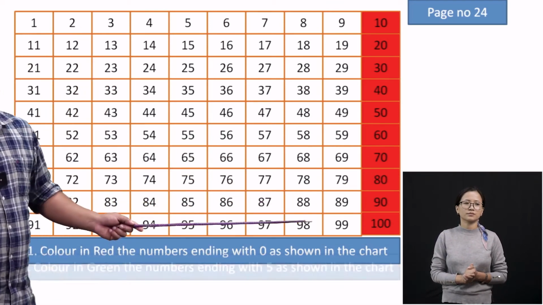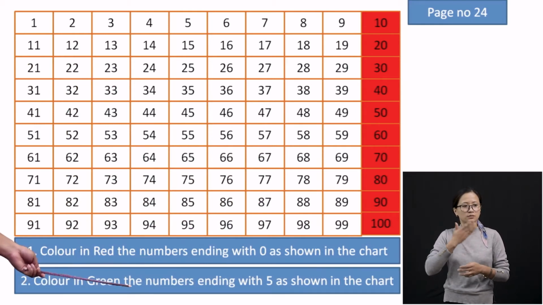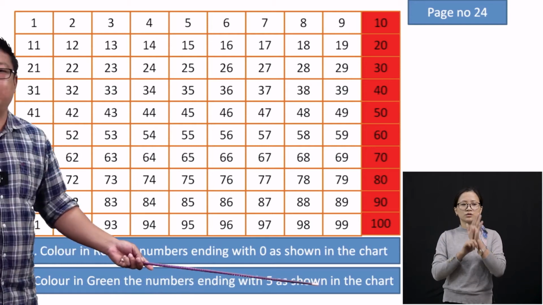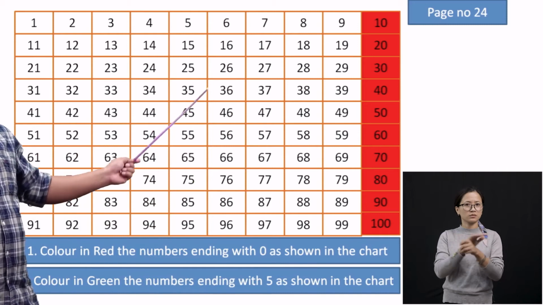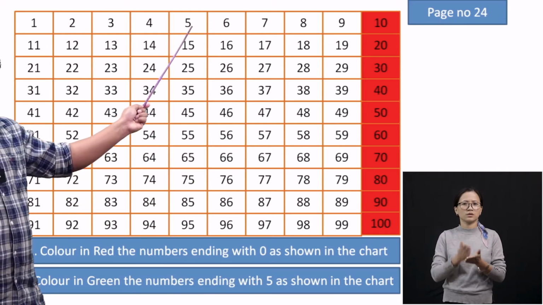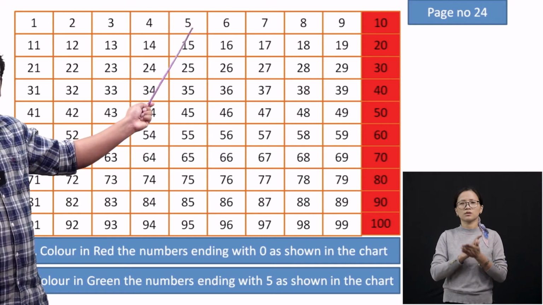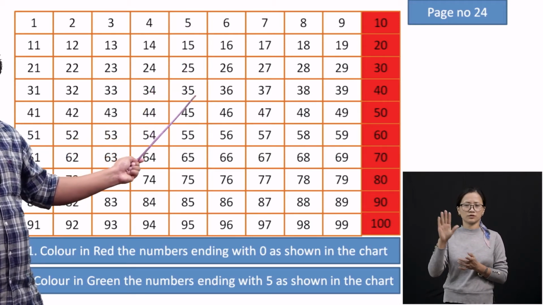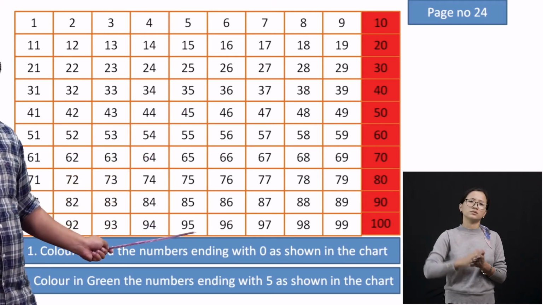All right, in the next question, color in green the numbers ending with 5 as shown in the chart. Now, if you look carefully at all the numbers here, you will see that this particular column has numbers ending with 5. For example, 5, 15, 25, 35, 45, and so on till 95.